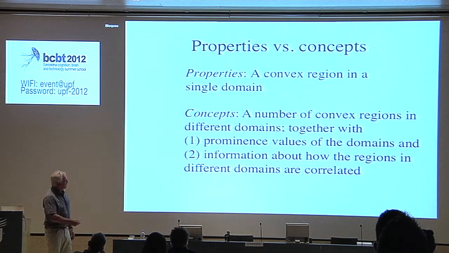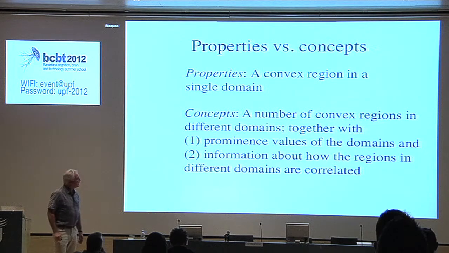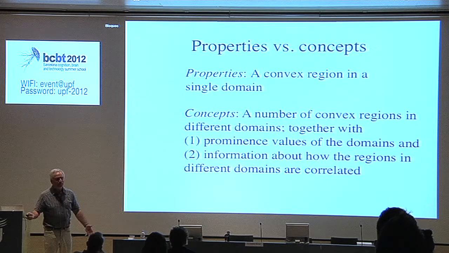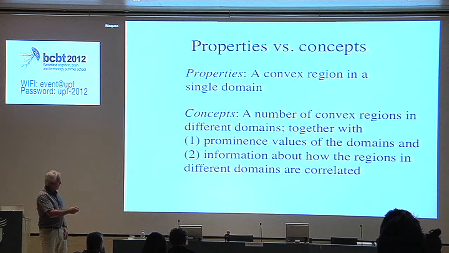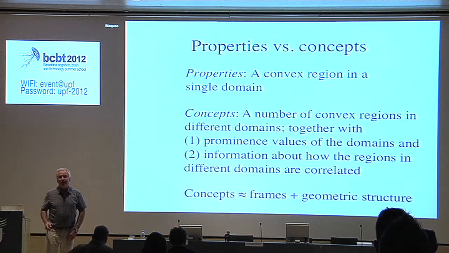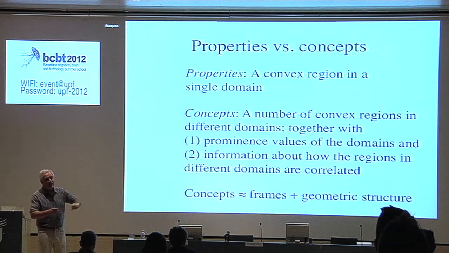And then the regions are correlated. The sound of a dog is related to, correlated with, his size, for instance. So a concept is a more complex thing. For those of you who are familiar with frame theory, frames have a lot of slots, and you fill in values and so on.